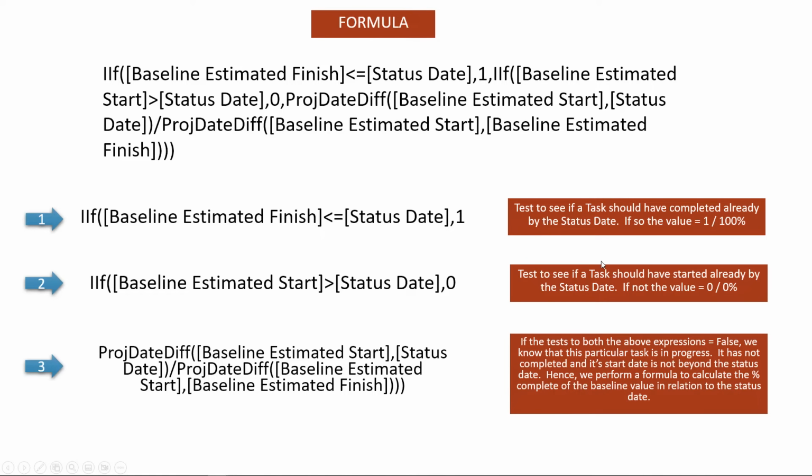If the answer to both of those is false, then it'll do this particular formula: we look at the date difference from the baseline start date up to the status date, divided by the total baseline duration of that particular task. So that's essentially the formula.